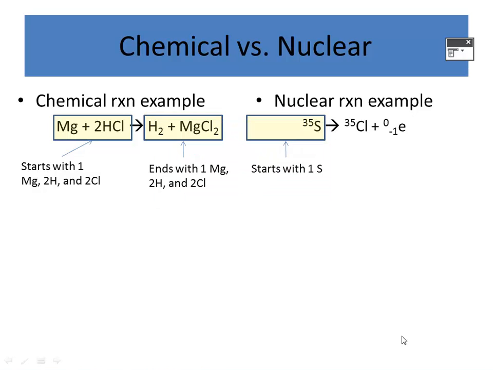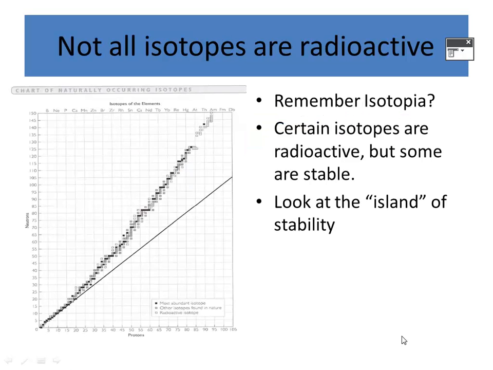So, moving forward, not all isotopes are radioactive. Remember we talked about isotopes, and we just talked about this in the video that we just watched, the island of stability. Each box represents an isotope of an element.